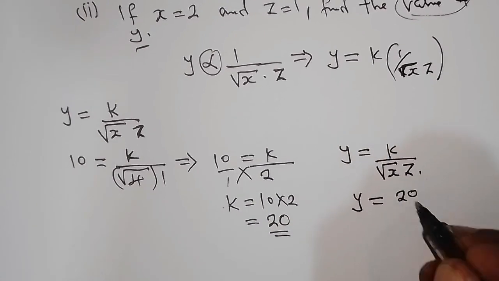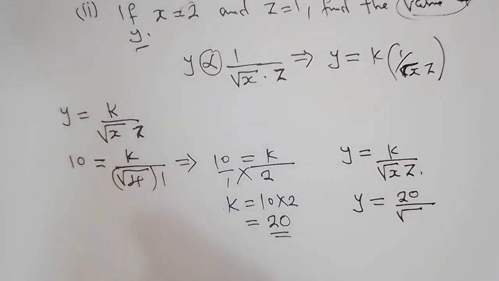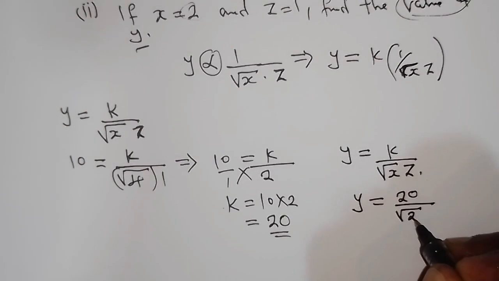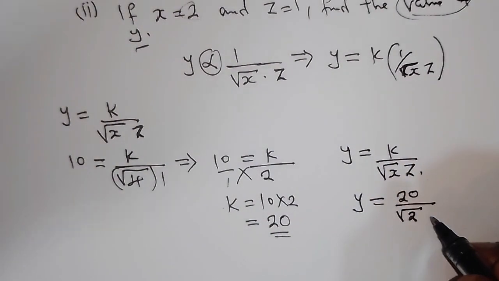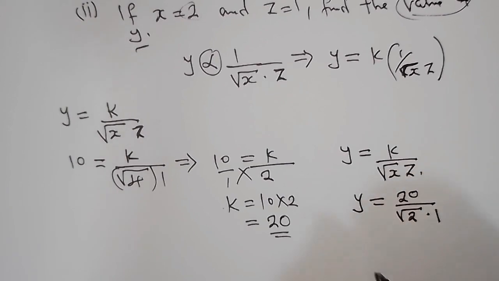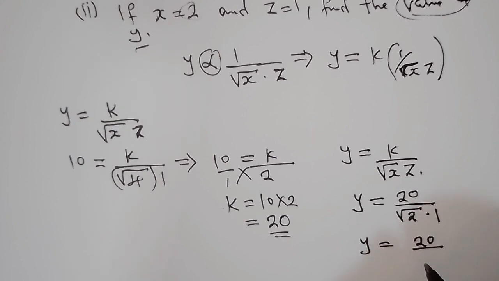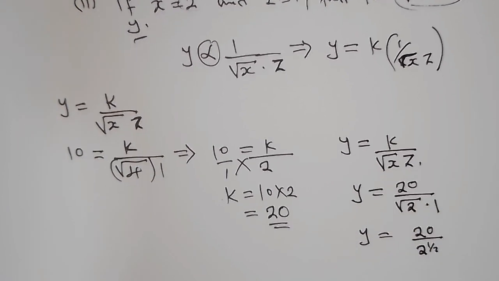The value of k is 20 divided by root of x, x is just 2, this root of 2, and z is still 1. And this is going to be 20 divided by 2 to the power half.